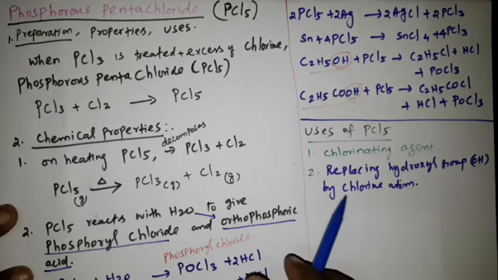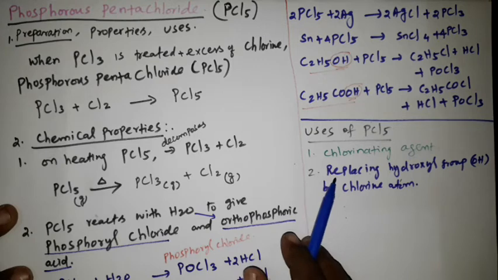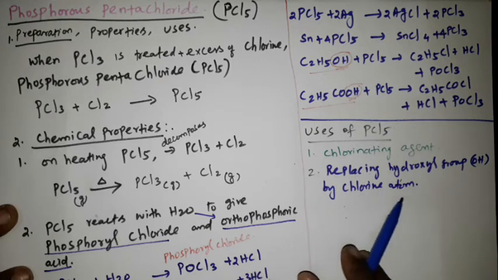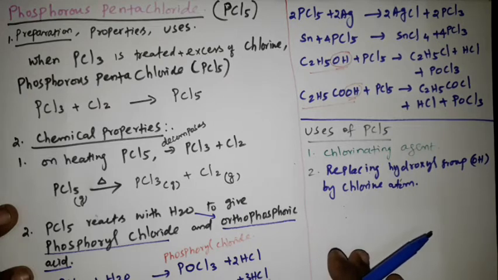So there are two important uses: one is as a chlorinating agent, and the other is to replace the hydroxyl group by a chlorine atom. Okay, so that's all about phosphorus pentachloride.